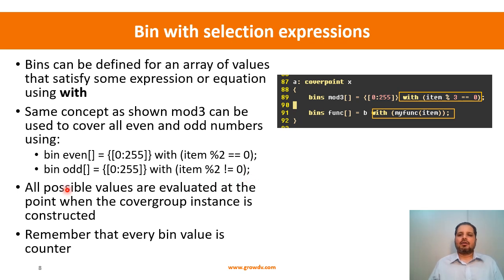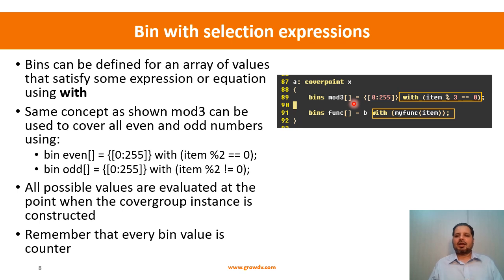Okay, and one point that I want you to note is that all possible values are evaluated at the point the covergroup instance gets constructed. So here in this case, all mod 3 values are evaluated when we call new on the covergroup that contains this coverpoint. So bins cannot be created dynamically.